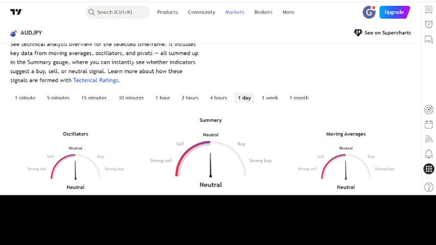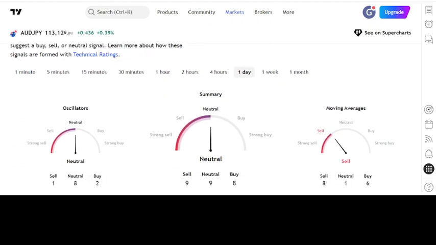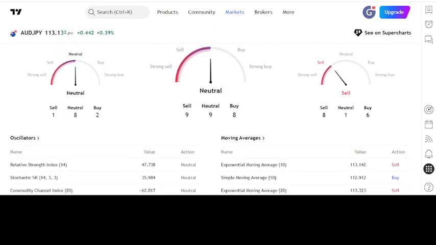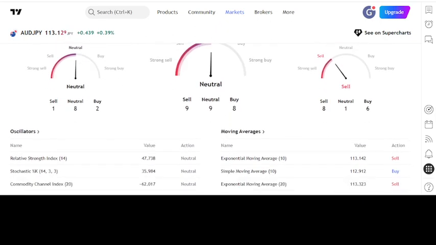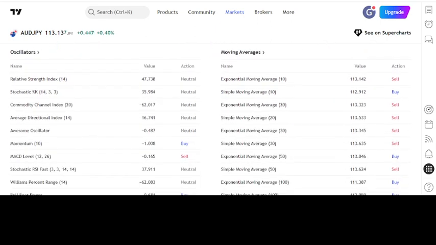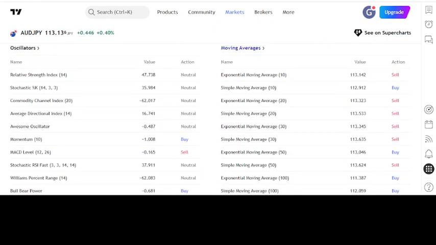So when we load up the technicals, you see this gauge here, and the gauge is a measurement of various oscillators and moving averages. So if I scroll down, I can show you. The oscillators here on the left, there's a combination of several oscillators: relative strength index, stochastic, commodity channel, awesome oscillator, momentum with all the various settings of these oscillators.